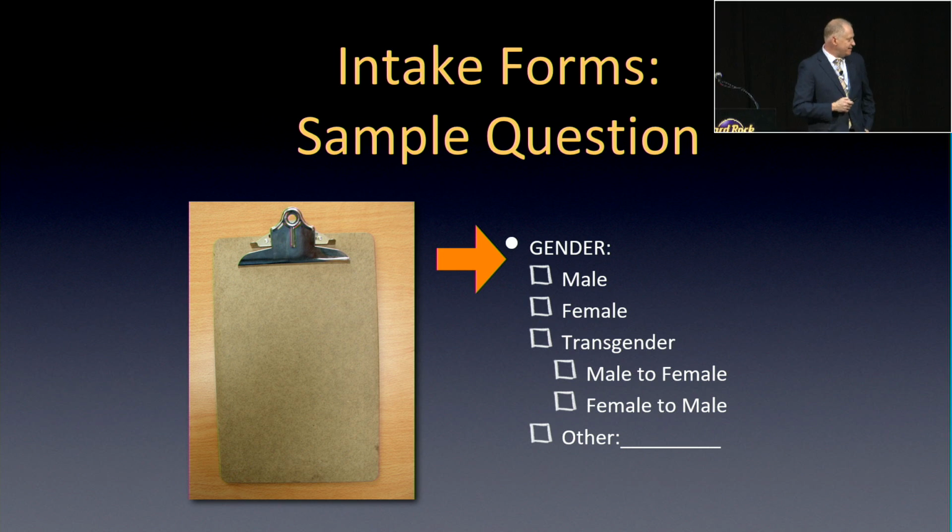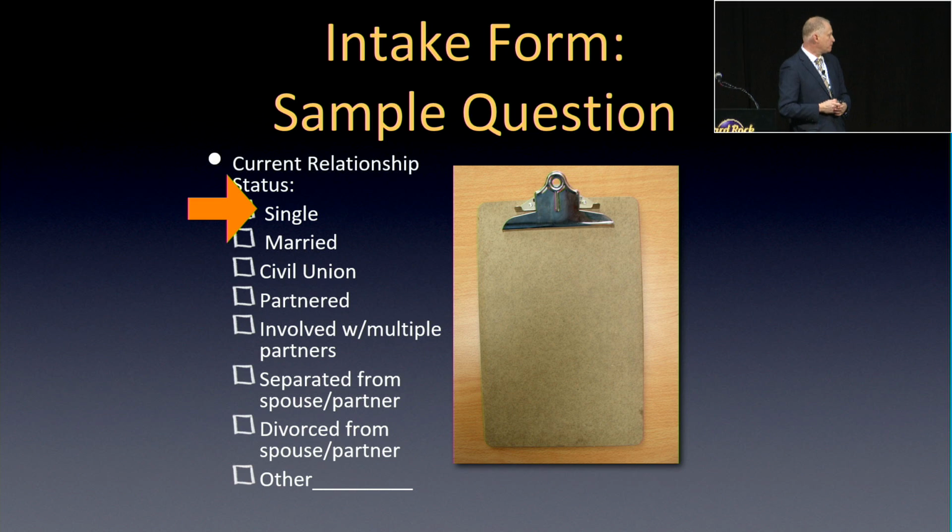Looking at things like our intake forms is important as well. Today, with EMR and patient check-ins, this is certainly changing quite a bit. So for those of you who have an EMR, this may integrate a lot. The list may be a lot longer even than you're seeing right now. But you can have these different categories for gender. This starts the conversation, at least, so you understand how they would declare their identity.